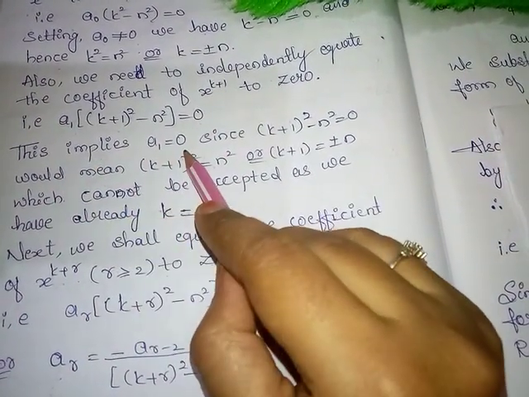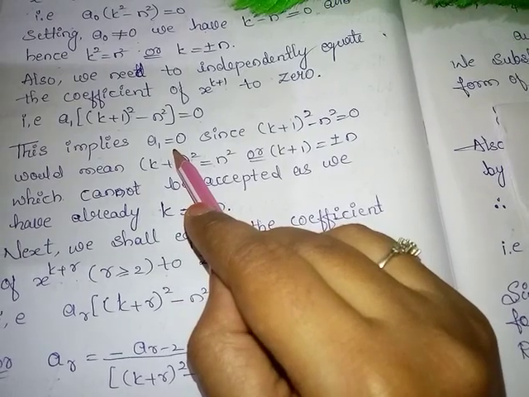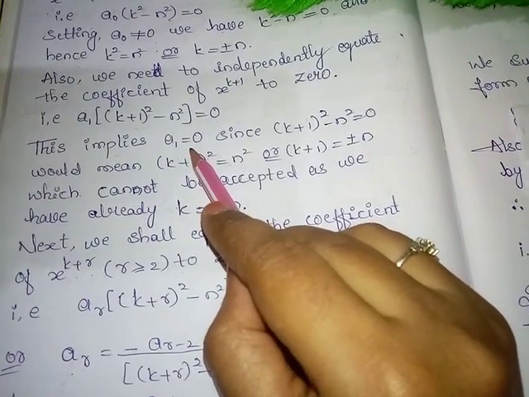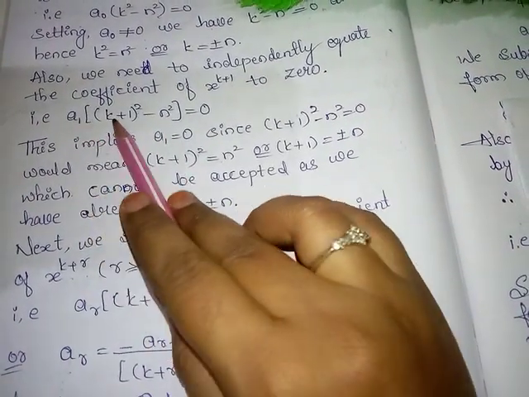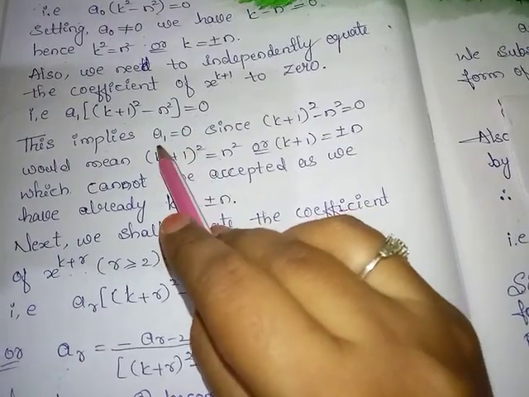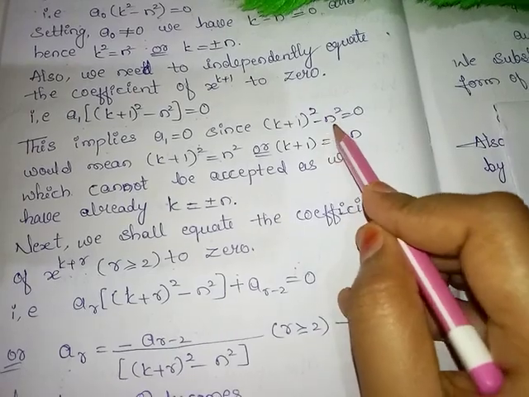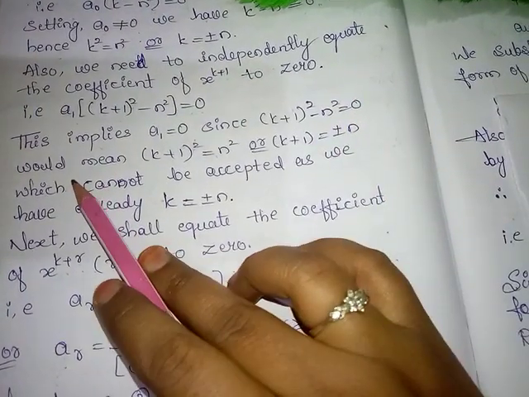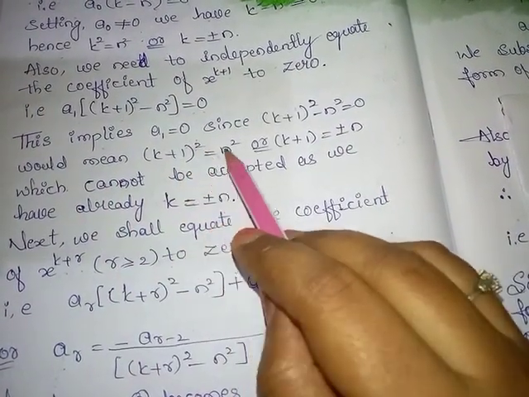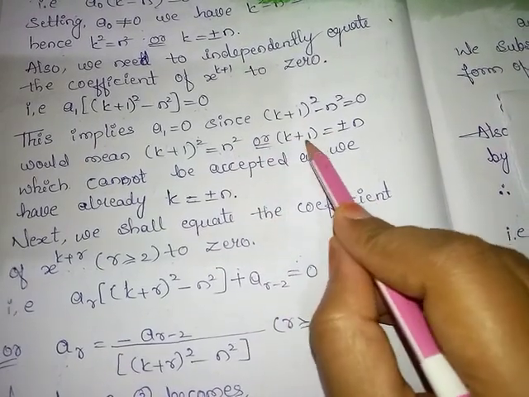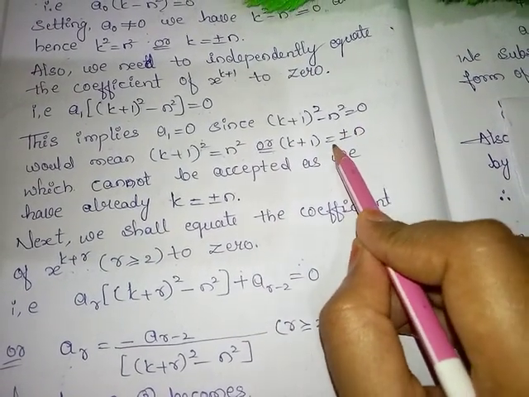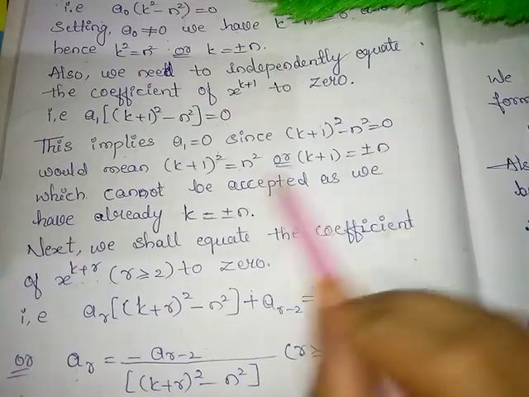This implies a1 is not necessarily not equal to 0. Here there is no condition that a1 is not equal to 0. According to this, a into b is equal to 0 means a is equal to 0, so a1 is equal to 0. Since (k plus 1) whole square minus n square is equal to 0 would mean (k plus 1) whole square is equal to n square, or k plus 1 is equal to plus or minus n, which is not possible.